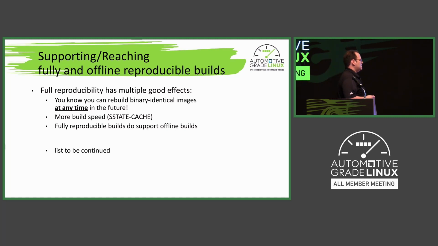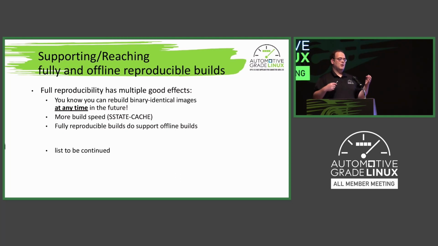Now, having full reproducible builds has important effects. It means that you can rebuild binary identical images in the end at any time. It also means that your binary cache, right?